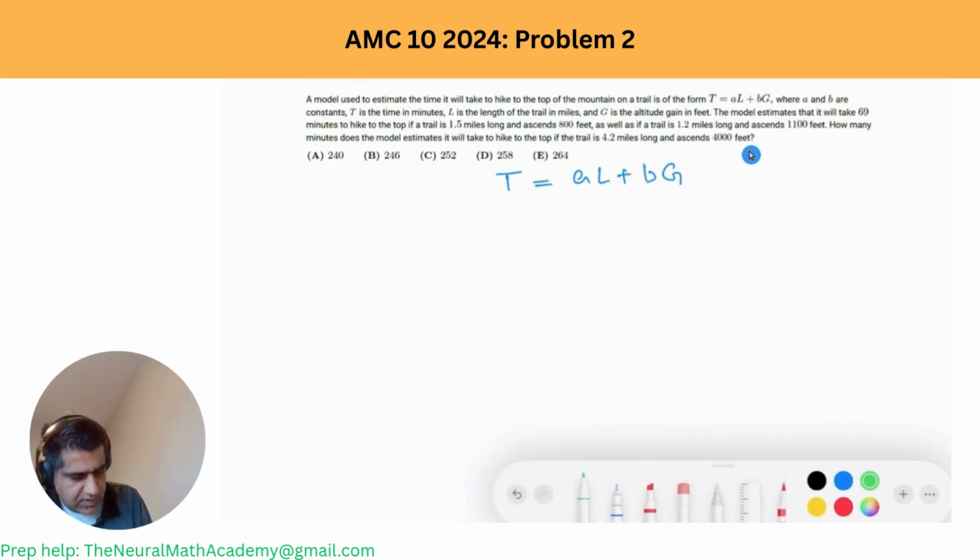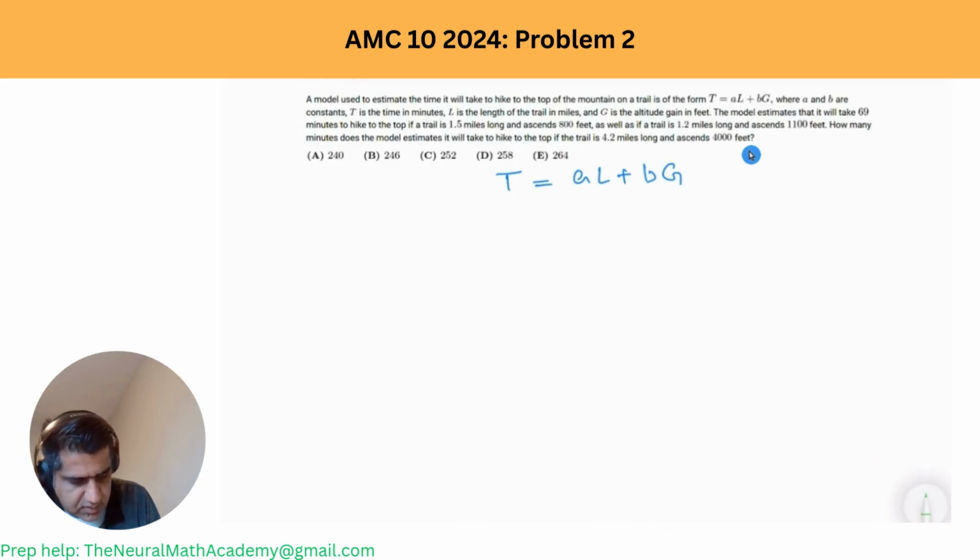So if you see, we are given this information that the model estimates 69 minutes to hike to the top if 1.5 miles long and ascends 800 feet, and if it is 1.2 miles long and ascends 1100 feet. So we can set up our two equations.